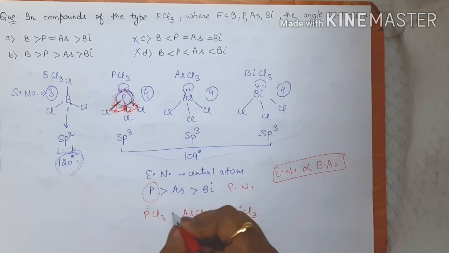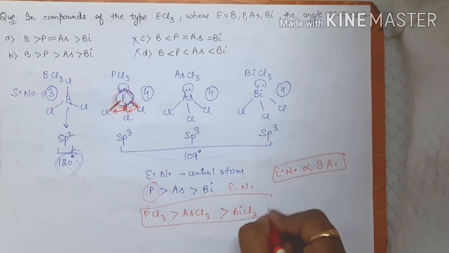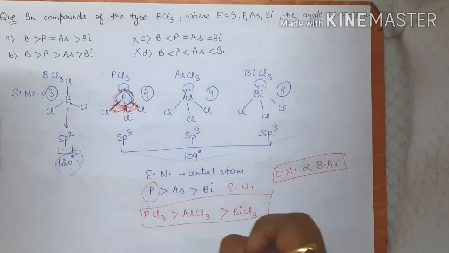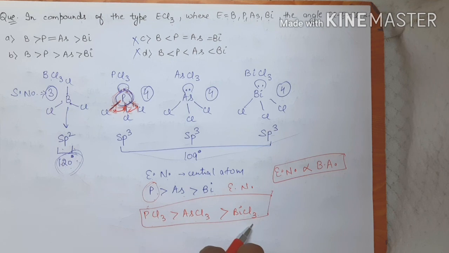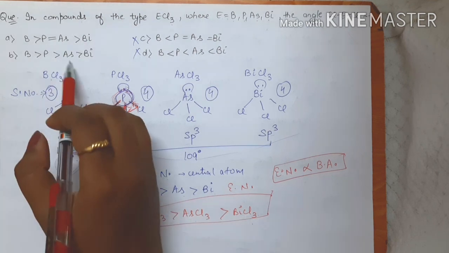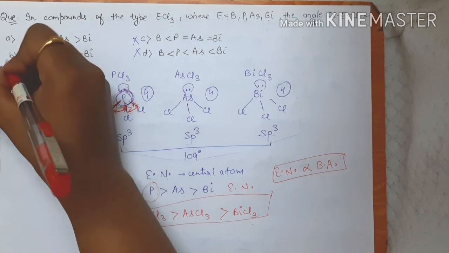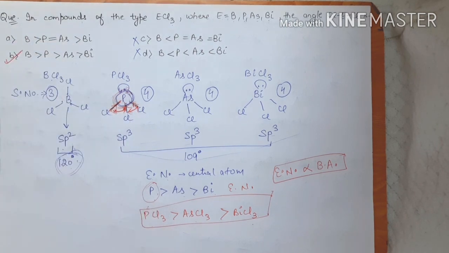So the bond angle trend will be like this. BCl3 will have the most bond angle, followed by PCl3, then AsCl3, and then BiCl3. So out of these two, the correct option is going to be option B, right?